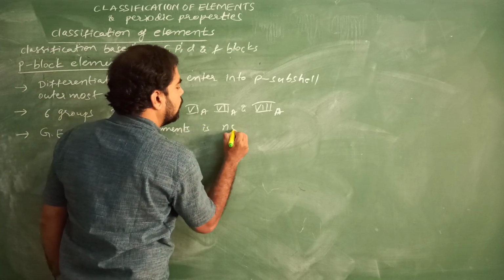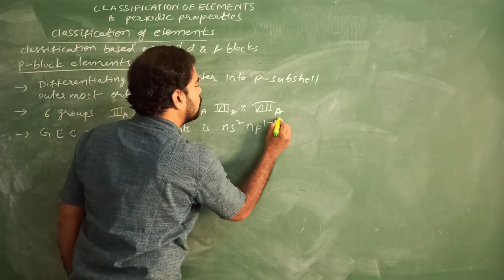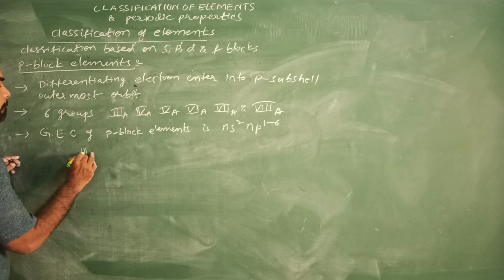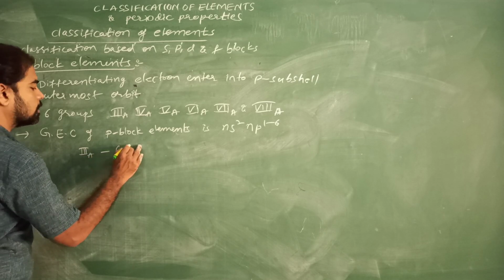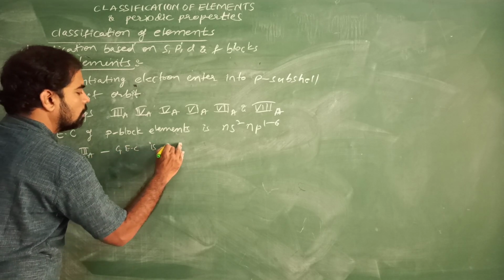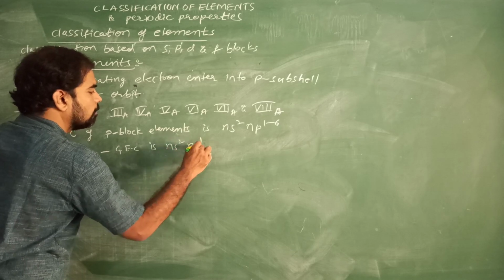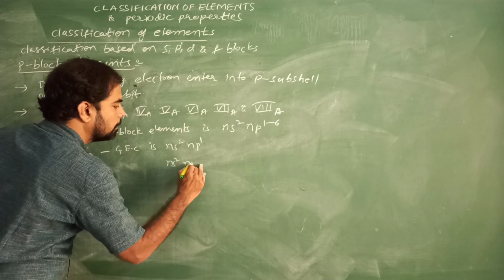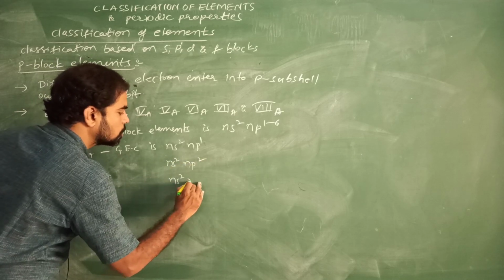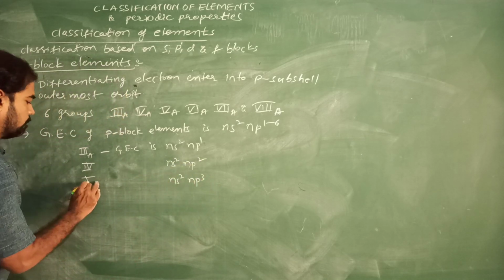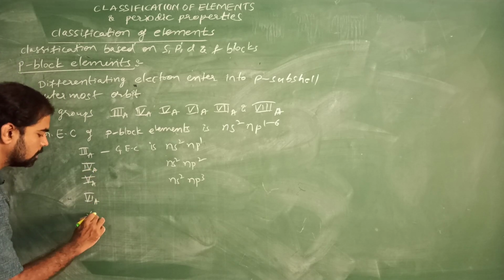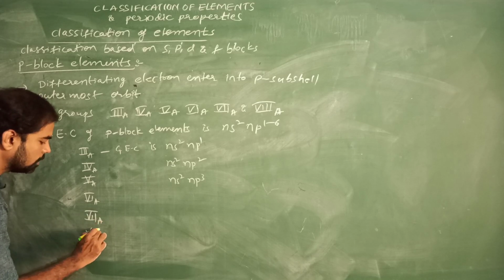The general electronic configuration of P block elements is ns2 np1 to 6. That means, for third A, the general electronic configuration is ns2 np1.